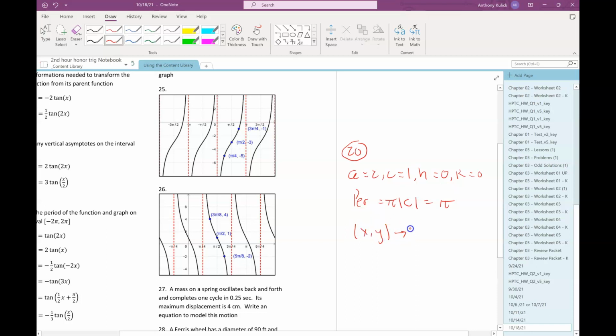And then we'll write our transformation map. So Cx plus H, Ay plus K. Is that okay?